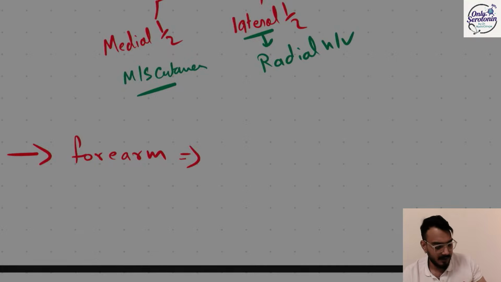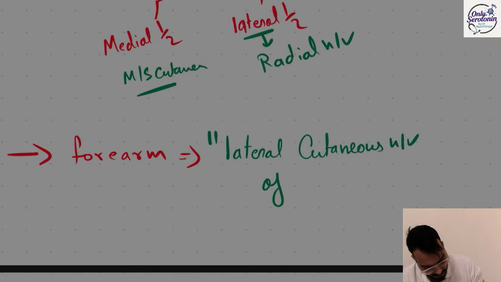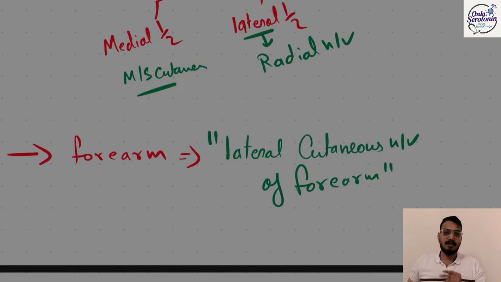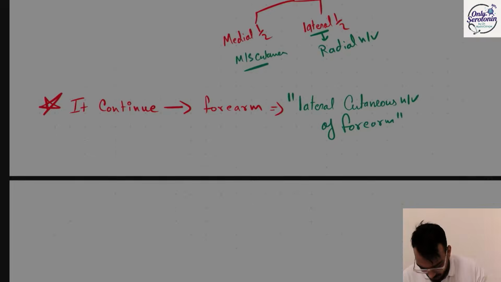When it descends down to the forearm, the name will get changed. What will be the name? The name will be lateral cutaneous nerve of forearm. Done guys?